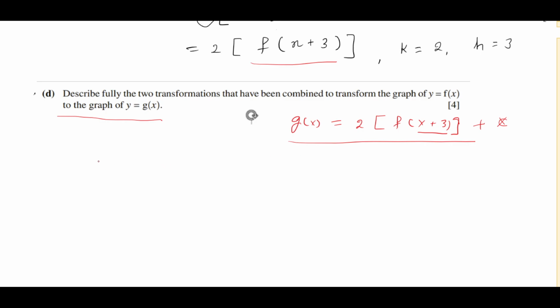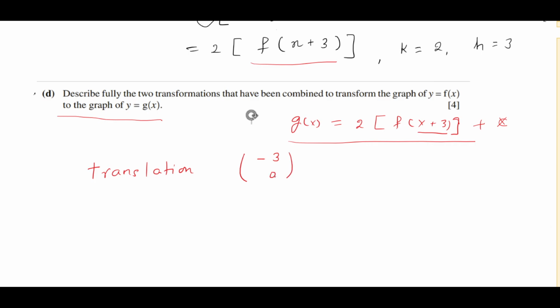So simply I can say that here we have a translation by -3 in the x direction, and in the y direction there is no translation.